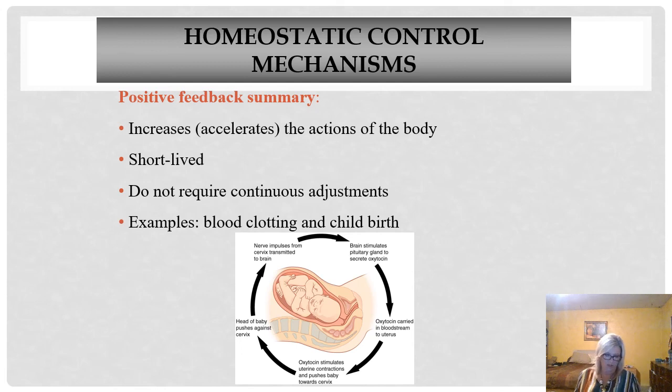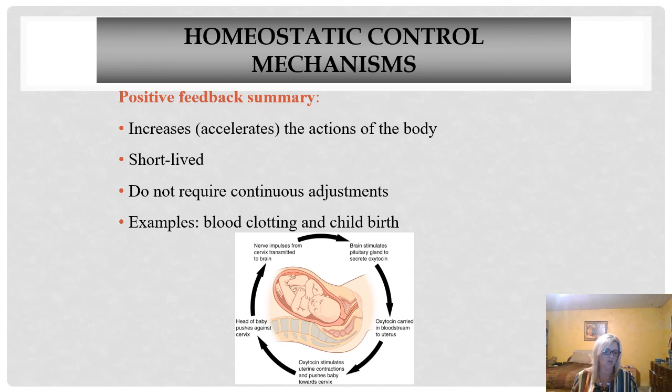The first contractions of labor act as the stimulus. That's going to push that baby towards that cervix, which is the lower part of the uterus. And those actually have stretch-sensitive nerve cells that can feel that pressure, which is really pretty cool, and monitor that degree of stretching. Then that's going to send messages to the pituitary gland, which is at the base of the brain, which is going to release a hormone called oxytocin.